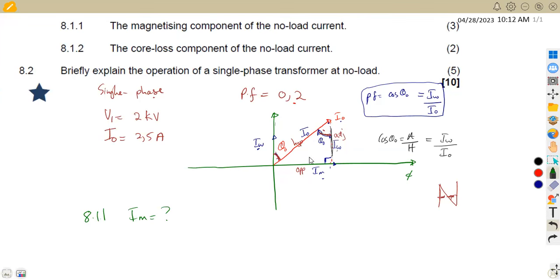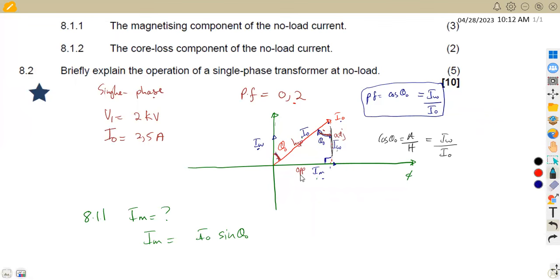This IM is opposite. This is our hypotenuse. So you can use opposite over hypotenuse, which is from sine. So IM is equivalent to the no load current times the sine of theta, because from this part here, this is our opposite. So which ratio uses opposite and hypotenuse?